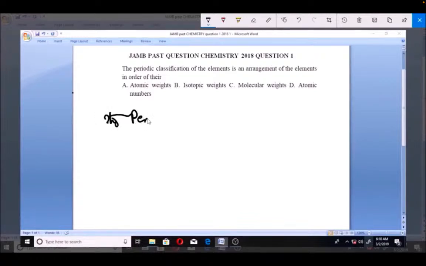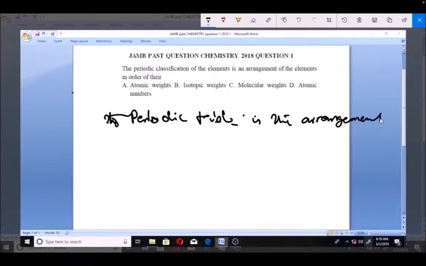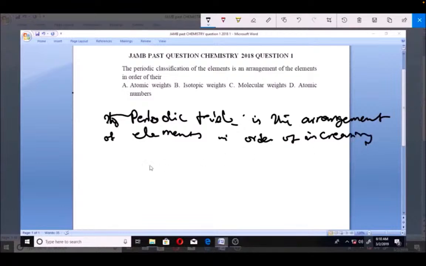By definition, the periodic table is the arrangement of elements in order of increasing relative atomic masses, or relative atomic mass. That is what the periodic table is.